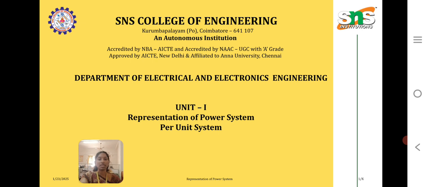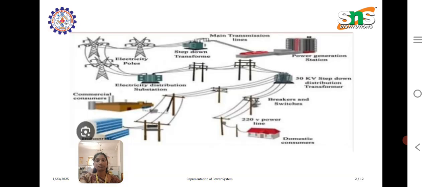So what is the need for this? What is the need for a power system, and how do we satisfy the planning? This is the representation of the power system, in which the power is generated. A power generation station is there.